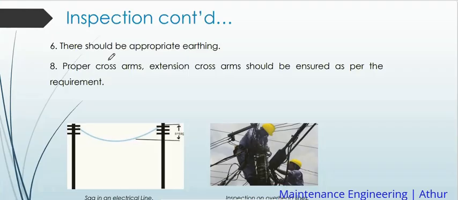A terminal pole is where electricity is being distributed and the last pole is at your house. That last pole, power is not continuing, it ends at that pole. It is a must to earth it. You will always see some small wire running from up down, because if it is not earthed, the lightning will just burn it immediately.